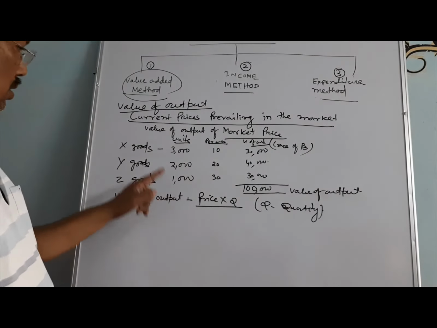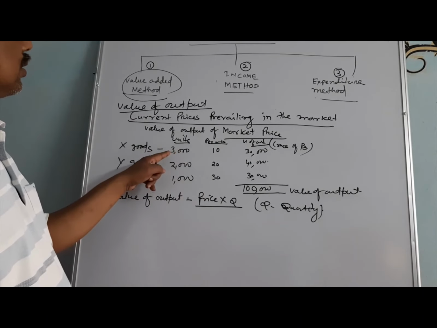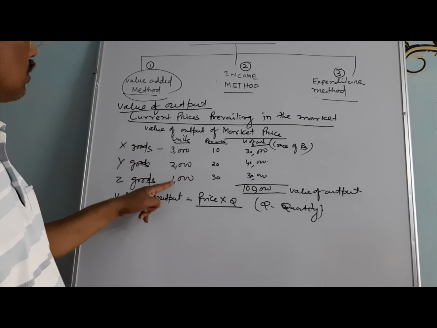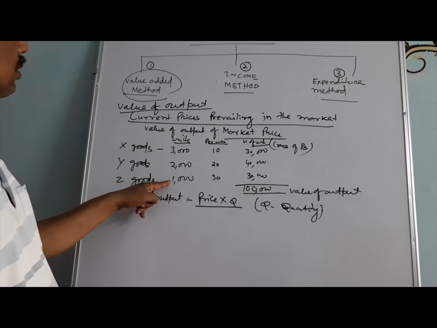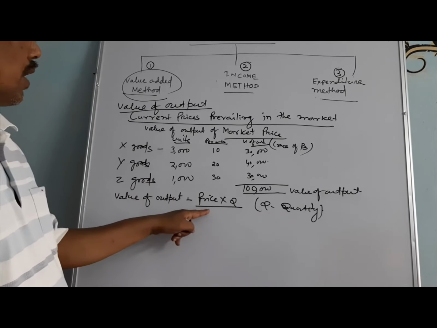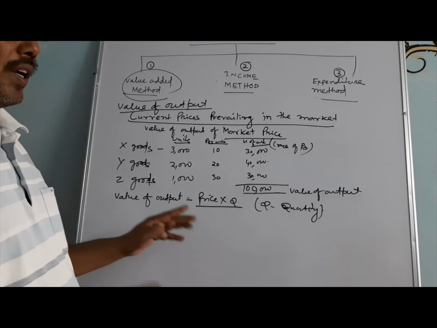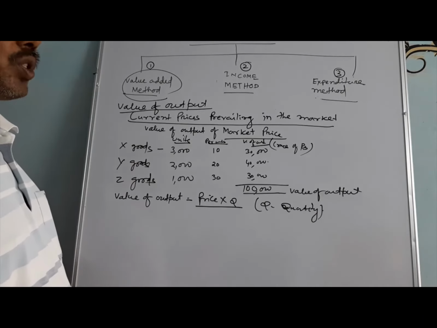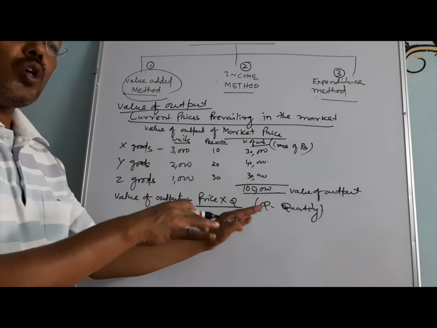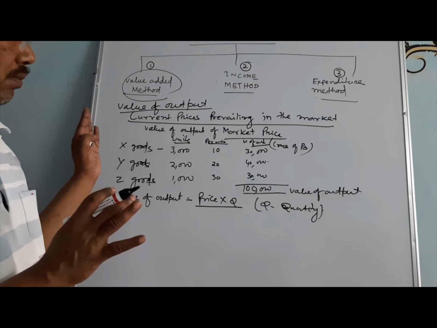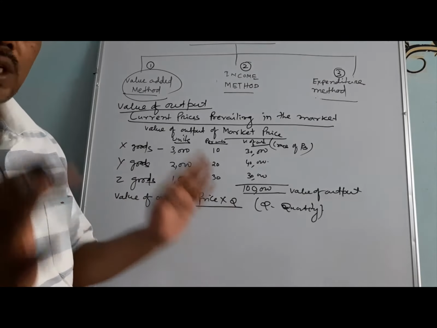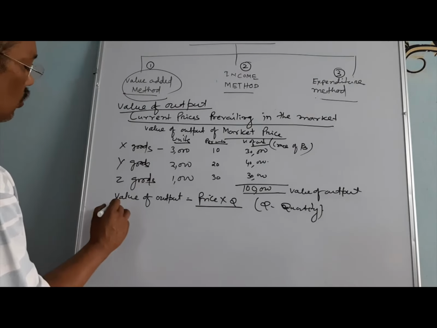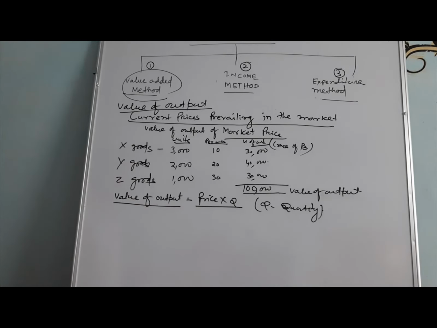It means 3,000, 2,000, 1,000. These are quantities. So value of output equals price into quantity. And here, how much quantity is produced, that much quantity is sold in the market. So that is to be called the value of output.